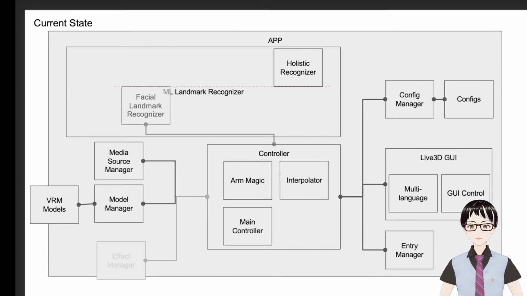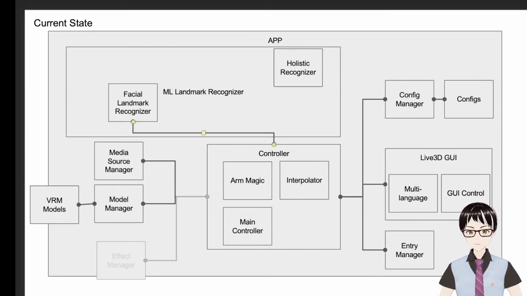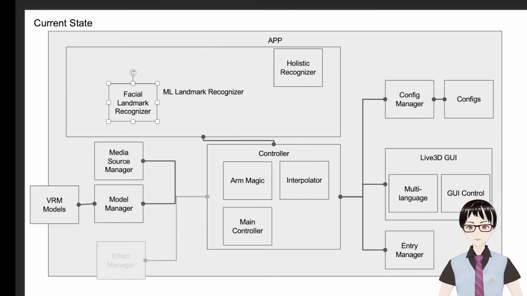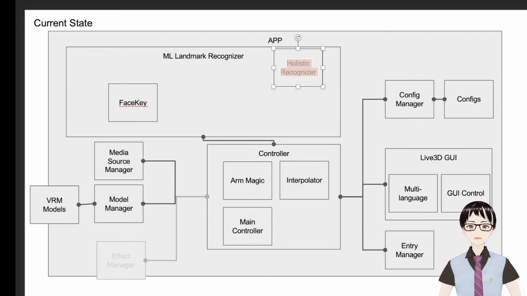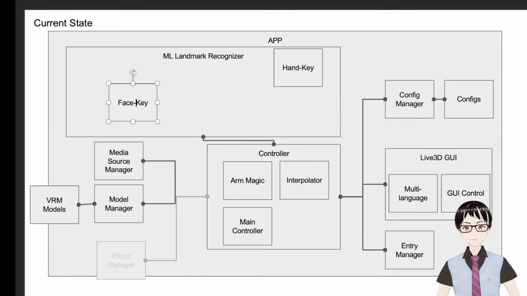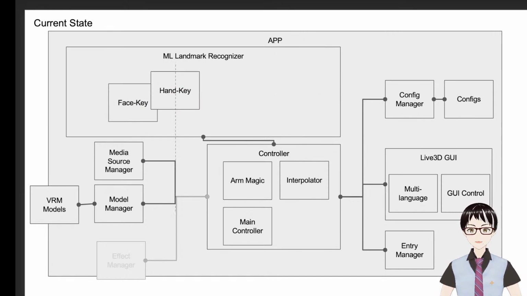Okay, so we have our controller connect to the landmark recognizer, and inside landmark recognizer we have face key, hand key, and pose key.